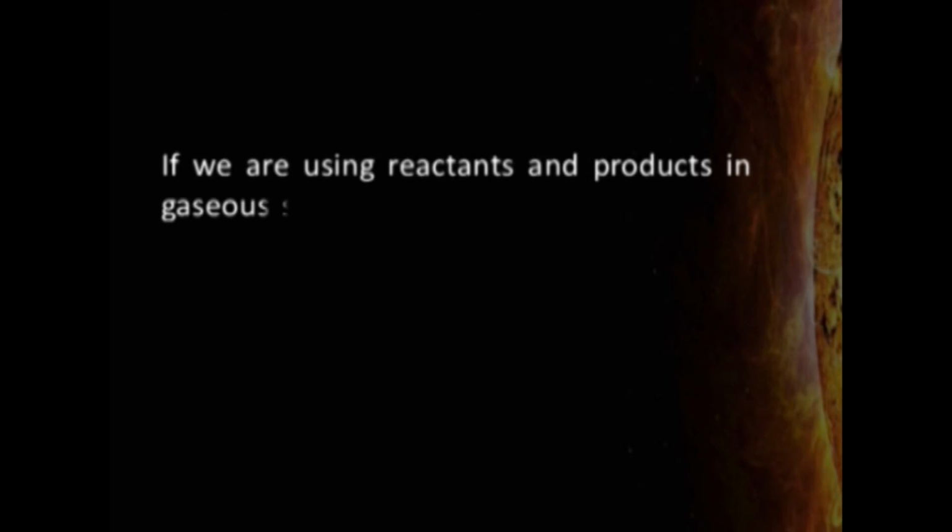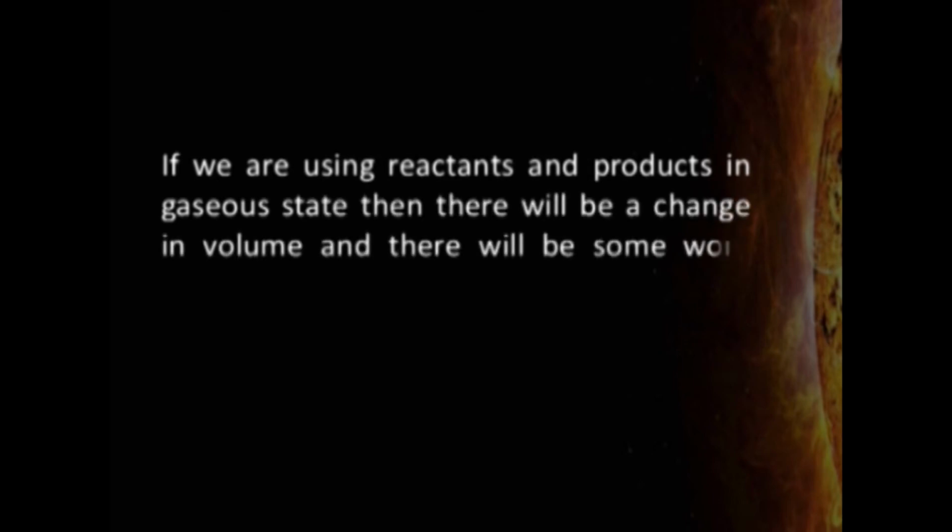But coffee cup calorimeter is an apparatus to calculate the heat of reactions at constant pressure. If we want to calculate the heat of reactions at constant volume, then another type of calorimeter is to be used, which is known as bomb calorimeter. If we are using reactants and products in gaseous state, then there will be a change in volume and there will be some work done.